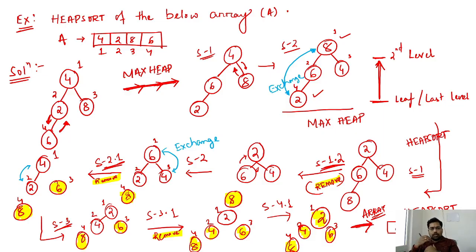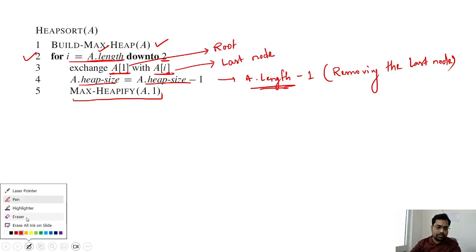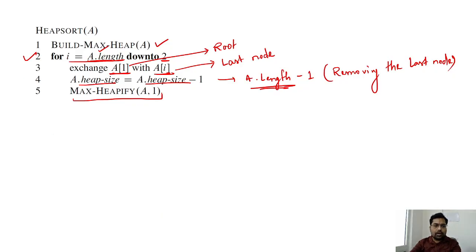Now we will discuss the node, but before that we should know the time complexity. To build the heap, the time complexity it will take is big O of n, as we discussed. For one element it takes constant time, so for n elements it takes big O of n, or else as per the book you can check.